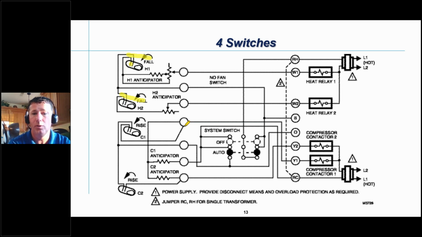If we're on the cooling side, so we've moved our switches inside of the thermostat into a cooling position, we're going to use stage 1 right here, and we're going to use stage 2 right here. So it's just switches. We've always had switches in our thermostats. So as we progressed, we had to look at how we're going to manipulate our switches over time.